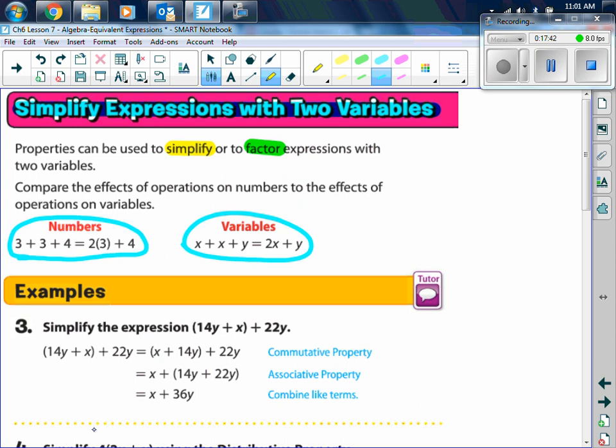If I look at the algebraic expression, here I have x plus x plus y. The x plus x we can write as 2x, right? Plus y. The difference between the numerical and the algebraic is, can I put that 2x together with that y? No, I cannot put them together because they are not like terms. Is everybody clear with that? So here, this is my final answer, 2x plus y.